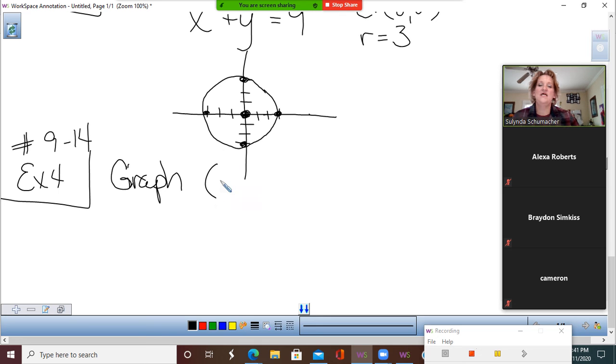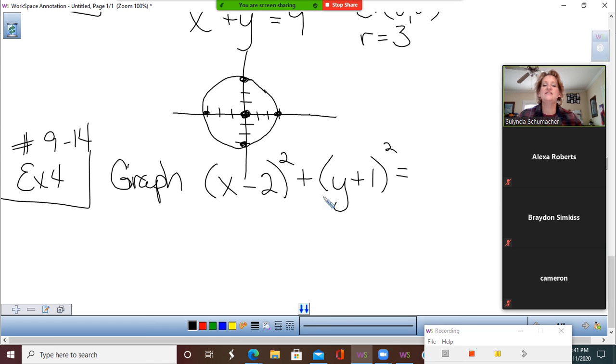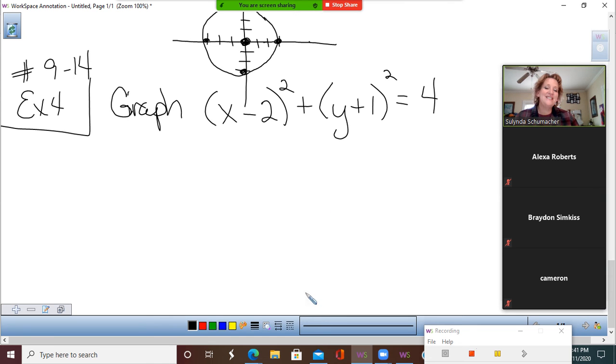Let's go with (x minus 2) squared plus (y plus 1) squared equals 4. All right. So this time our center isn't at (0, 0). So we got to find our center first. So our center is our h, which is 2, and k, which is -1. And our radius is the square root of 4, which is 2.